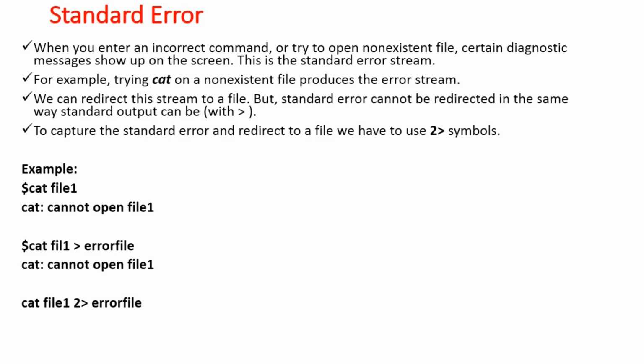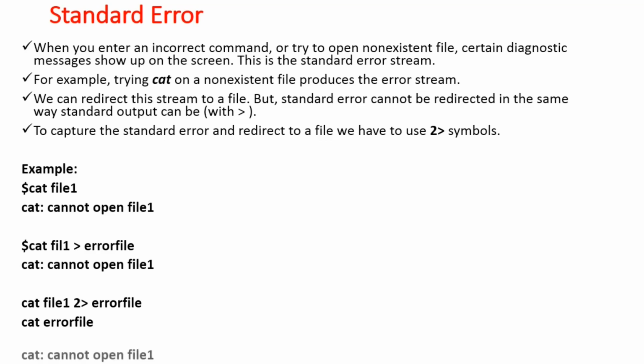Third one: the command cat file1, 2 greater than symbol and another file name, error file. Here, using the symbol 2 greater than, you are redirecting the error from file1 to the error file, and after that you execute the command cat error file.